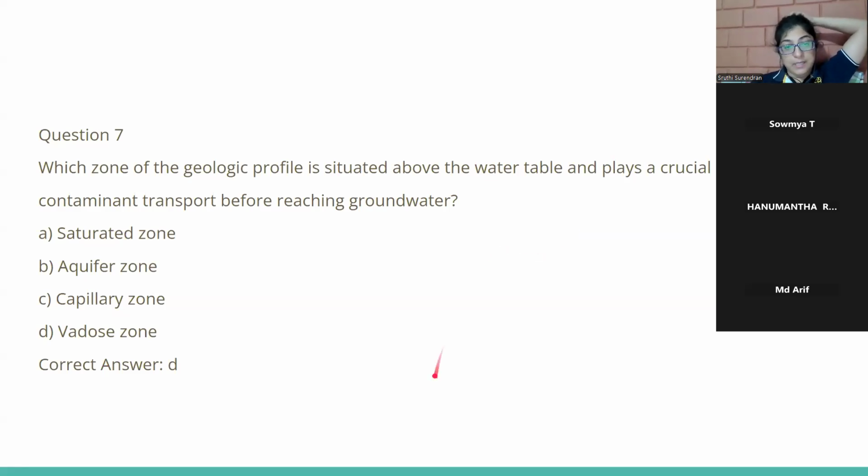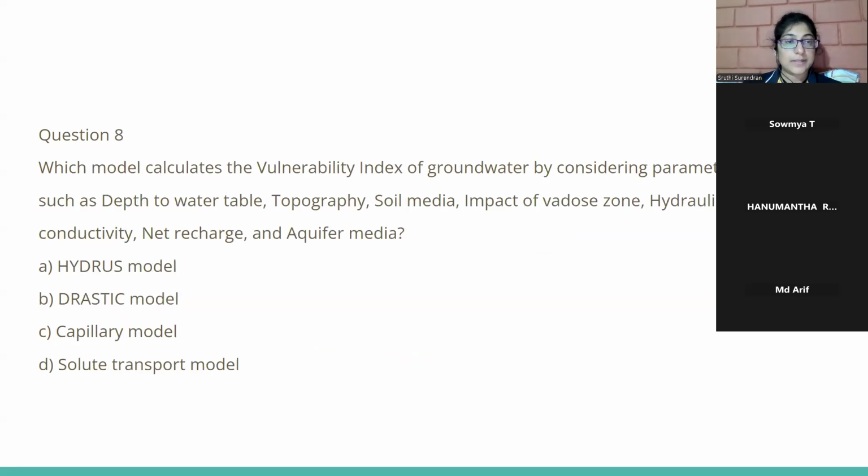You call it a capillary fringe, the layer in Vadose zone. Vadose zone is the layer through which initially water will go, and there's a lot of filtration process that will occur there. So it is also helping in a way for not removal but delaying the contaminant transport into groundwater.